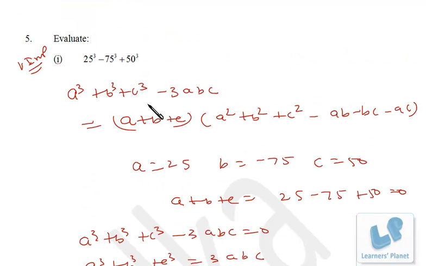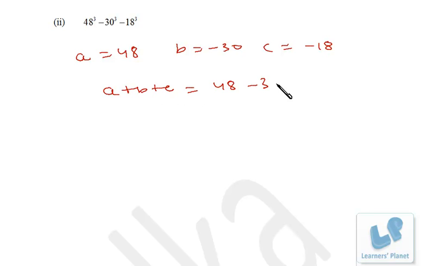So whenever you see this a cube plus b cube plus c cube pattern, just try to compare this expression with this identity, right? Bright chances are there that it will fit. Okay, once again over here, if you make comparison, a is 48, b is minus 30 and c is minus 18. That means a plus b plus c is 48 minus 30 minus 18, which is 0.